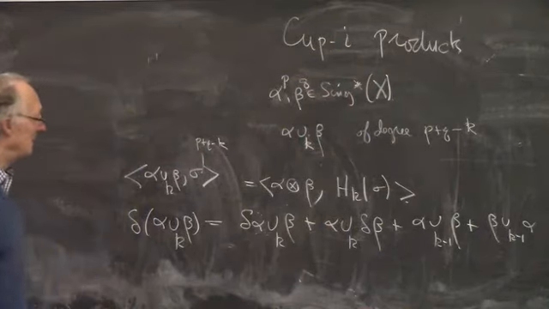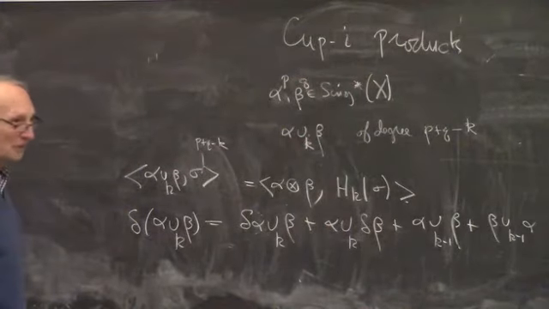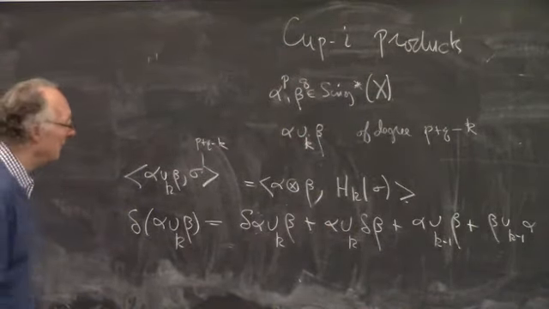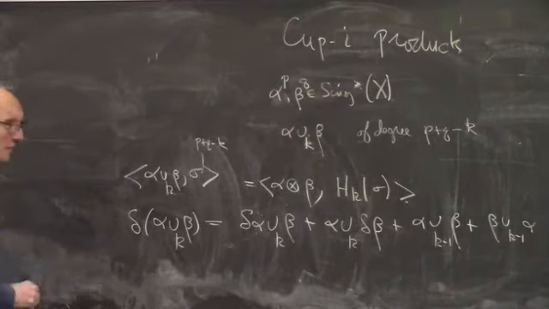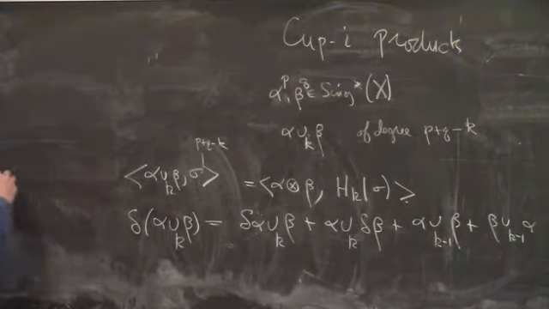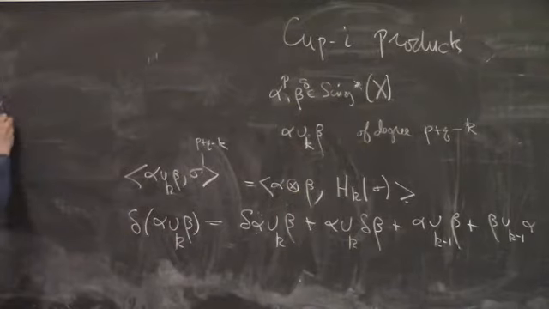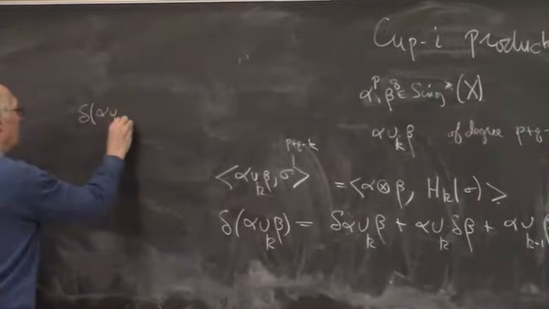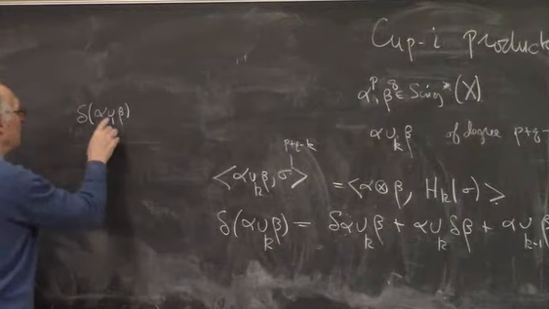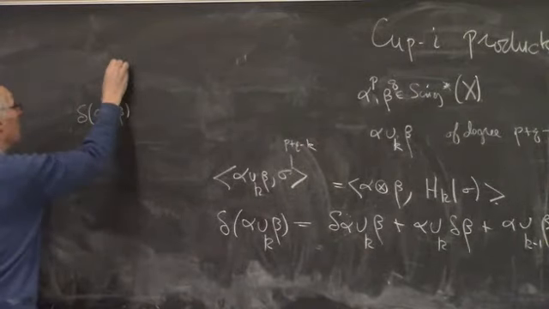Those last two terms vanish. Like, no. Because think about K equals 1. K equals 1 says the coboundary of alpha cup 1 beta. Now these, I'm going to take these to be cocycles.